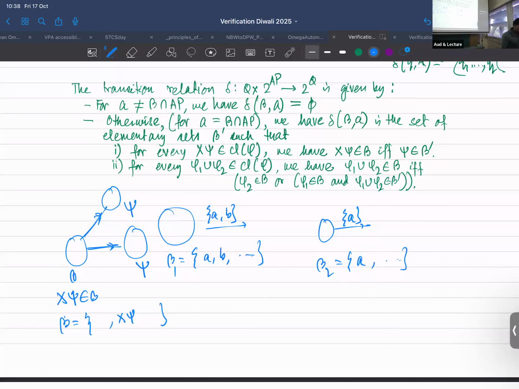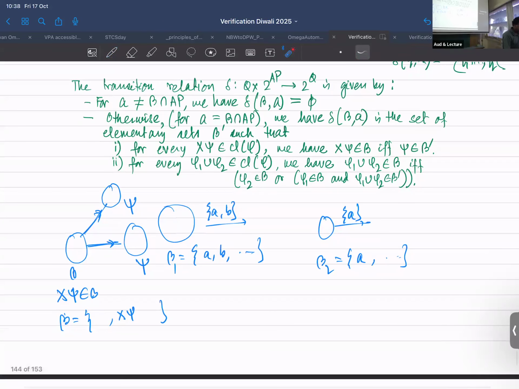Now for every until formula, we have phi 1 until phi 2 belonging to beta if and only if phi 2 belongs to beta, or phi 1 belongs to beta and then phi 1 until phi 2 belongs to beta prime. So you are making transitions to all such beta prime.